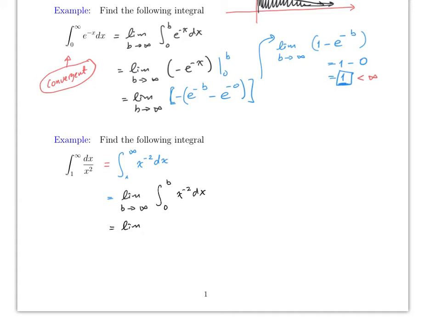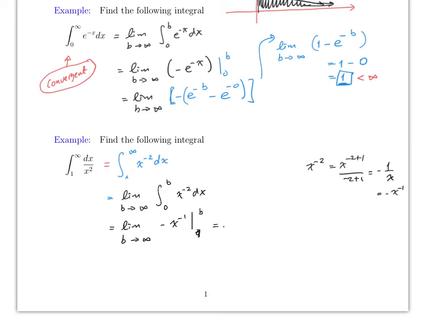Remember that the integral of x to the minus 2 is x to the minus 2 plus 1, which is technically just minus 1 over x, or minus x to the negative 1. Okay, so therefore this will be minus x to the negative 1 from 1 to b.